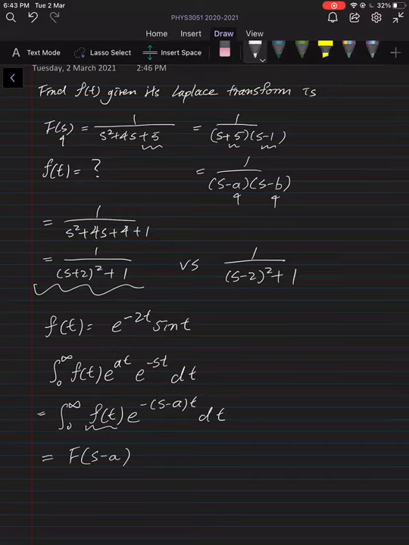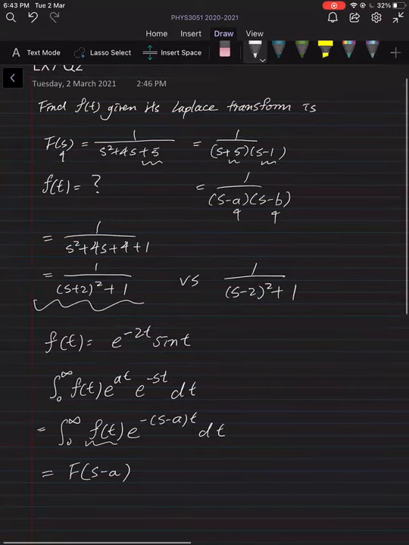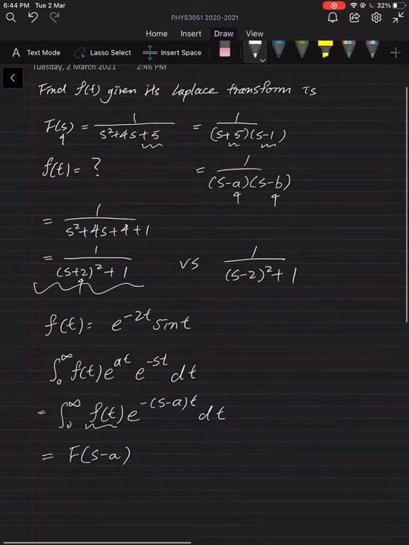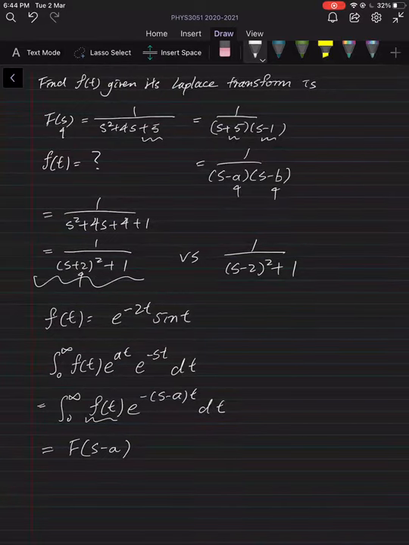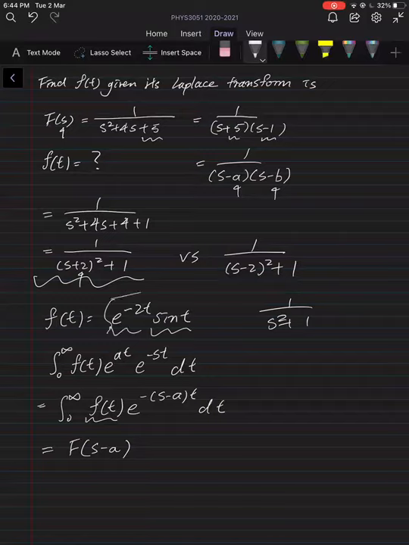So whenever you have observed some functional form that looks familiar with the Laplace transform that you know, but offset by some constant a, then the inverse transform is simply the inverse transform of the function, the 1 over s squared plus 1, which you are familiar with, and multiply with the exponential term here.